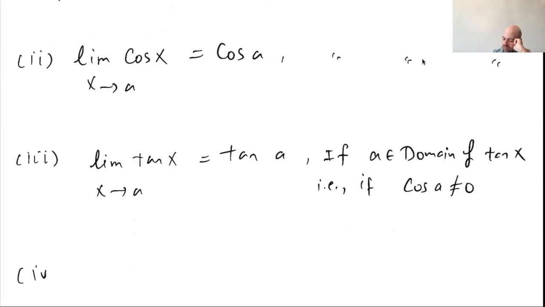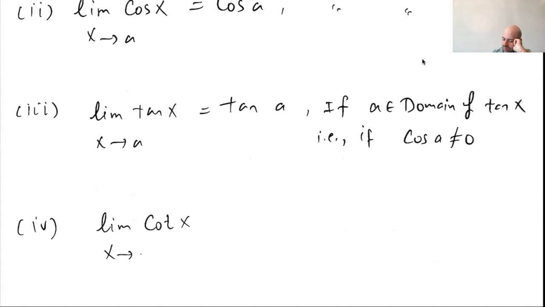And similarly for cot x, the limit as x approaches a is equal to cot a if a belongs to the domain of cot x, i.e. if sine a is not equal to 0.